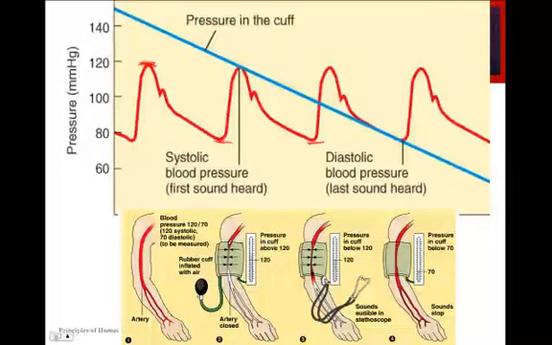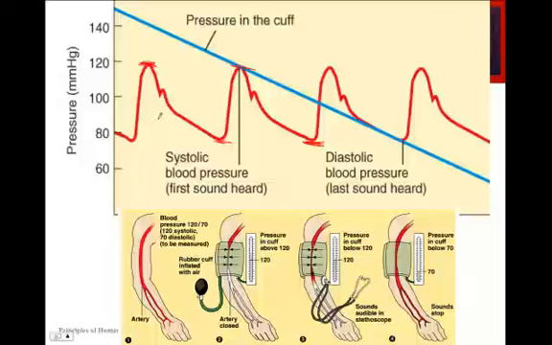You can hear that systolic pressure, and then you can hear that diastolic pressure when you're releasing the cuff. You hear the systolic pressure when you release the cuff to a point where that highest pressure will allow blood to move through, and you hear that sound. And then the diastolic pressure, your lowest pressure, is the last sound that you're going to hear, because the pressure in the cuff is no longer higher than that lowest pressure. For some of you that might be interesting, so I thought I'd show you how that works.